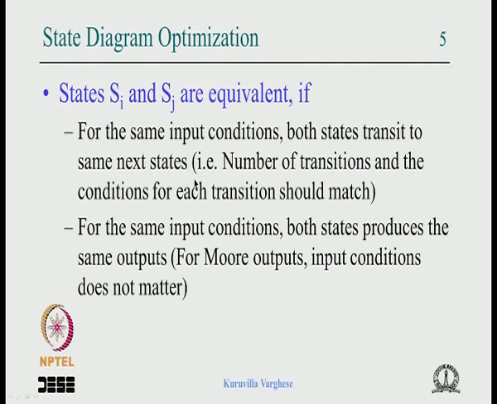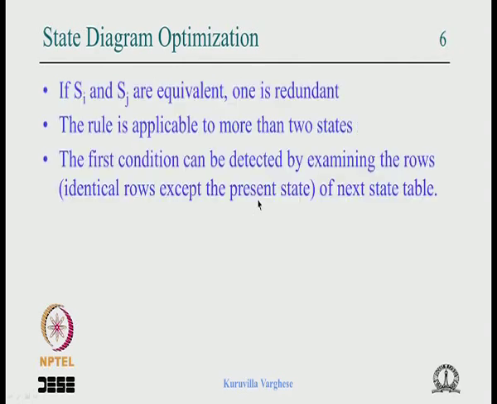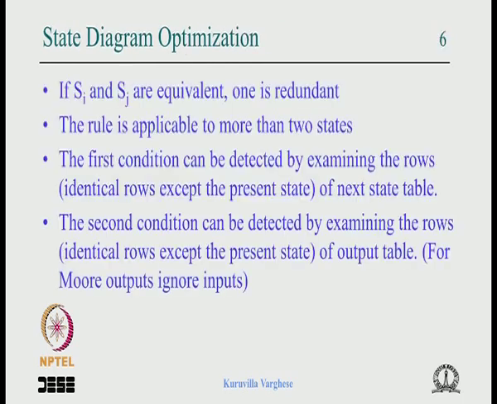It also transits to the same next state for the same condition. That means the number of transitions and the conditions on those transitions should match, then they are equivalent and you can retain one.